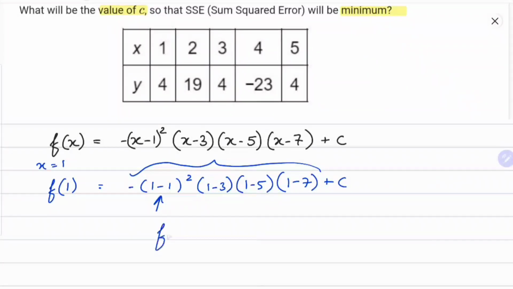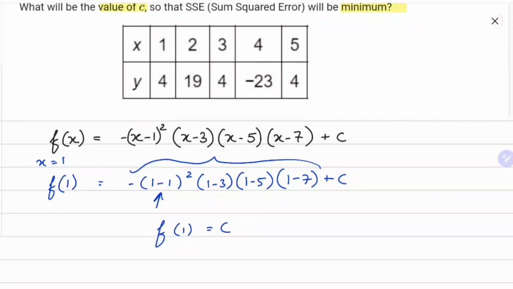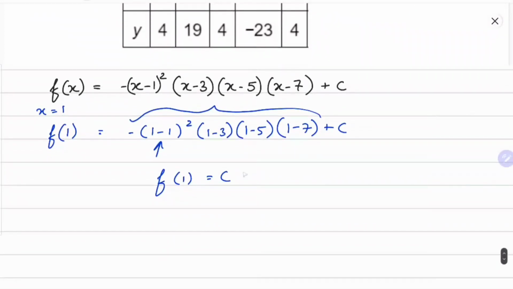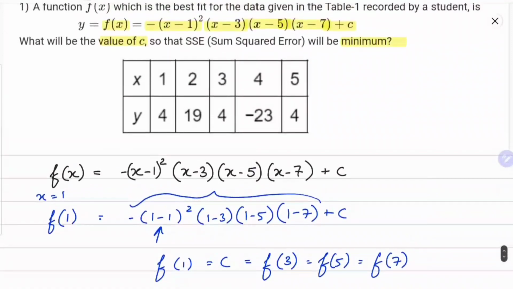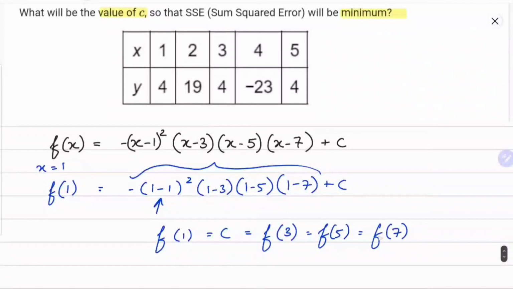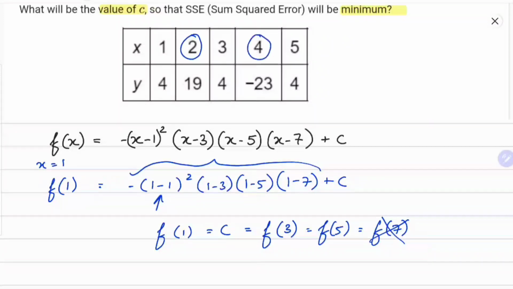So basically we have f(1) = c, and similarly c = f(3) = f(5) = f(7). Basically all of these will come out to be the same. We don't have to find f(7), so this cancels out. Now we are left with f(2) and f(4).